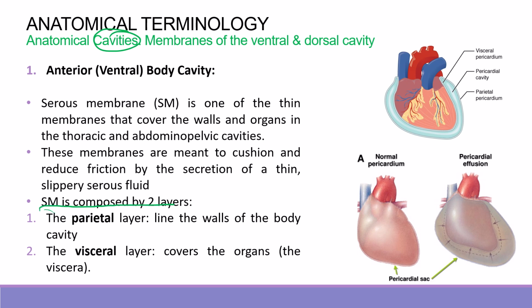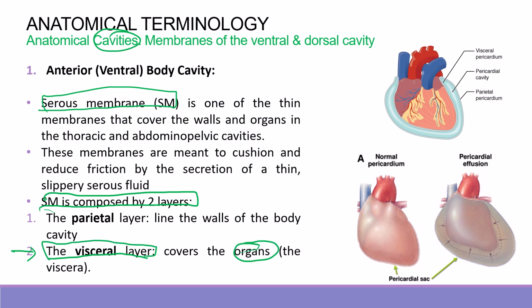They're called the serous membranes. This serous membrane has two layers. The innermost layer, the layer that is in direct contact with the organ, is the one that we call the visceral layer, while the outermost layer, the one that lines the wall of the body cavity, is what we call the parietal layer.